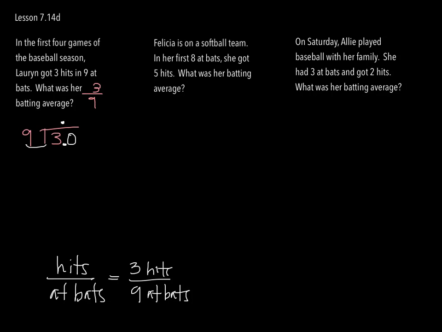How many 9s can I take out of 30 now? Well, that would be 3, 27, subtract, 10 less 7 is 3, add a 0, bring it down. How many 9s in 30? Let's get the same answer there. That's going to be 3, 27, subtract, 3.